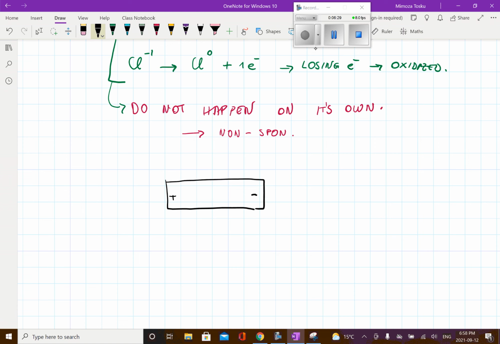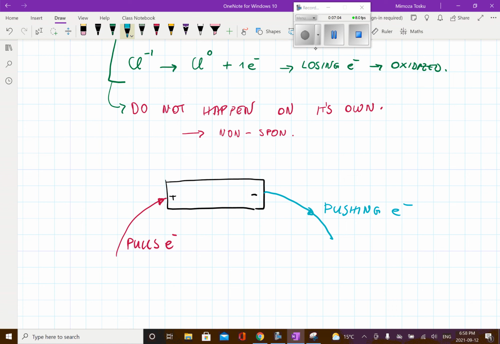I will just use a different color. The positive pole pulls electrons to the battery, and the negative pole of the battery is pushing the electrons to the element.